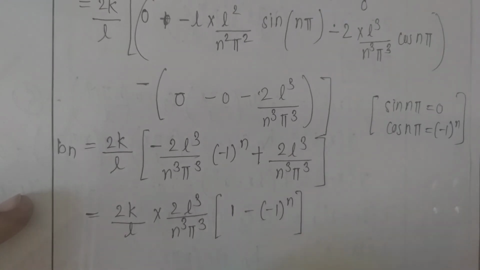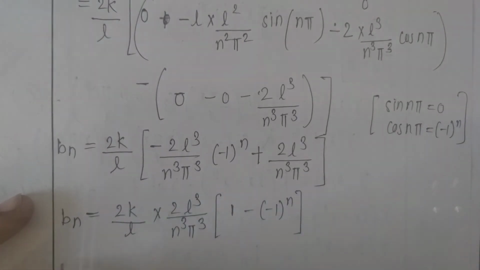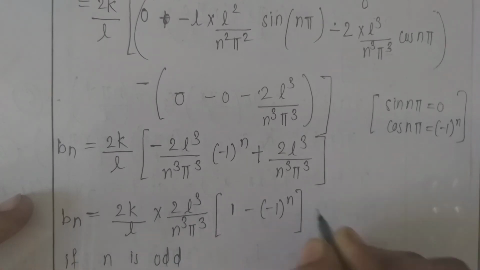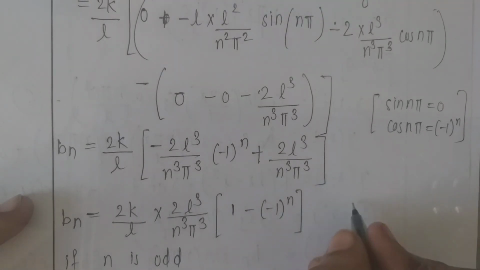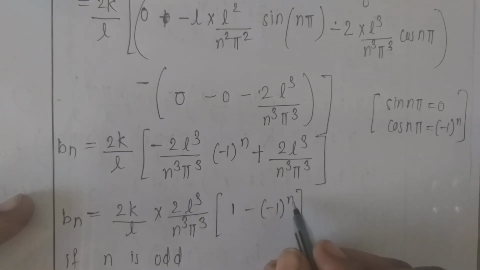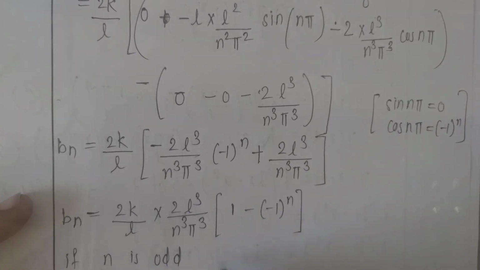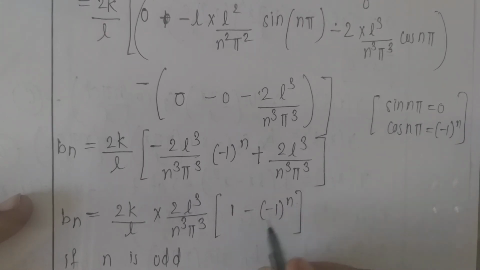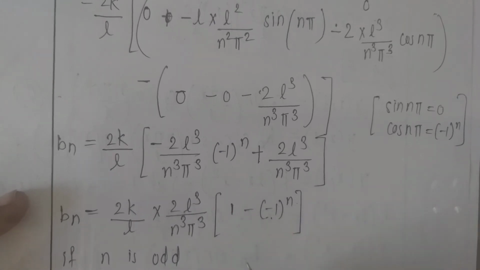Now this is Bn. If n is odd, that means if it is 1, 3, 5 and so on, then minus of minus becomes plus, so for n odd this is 2. If n is even, that is 2, 4, 6 and so on, minus 1 to the even power is always 1, so 1 minus 1 becomes 0.